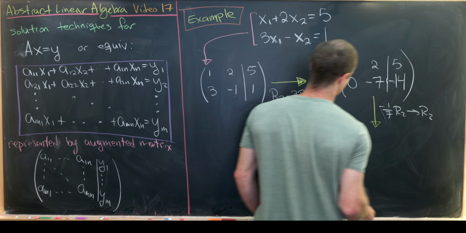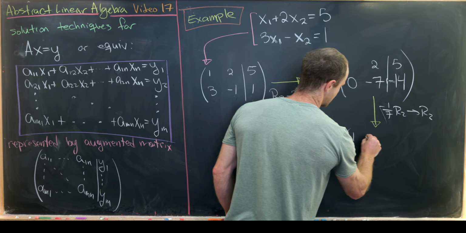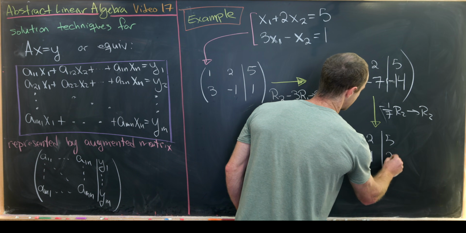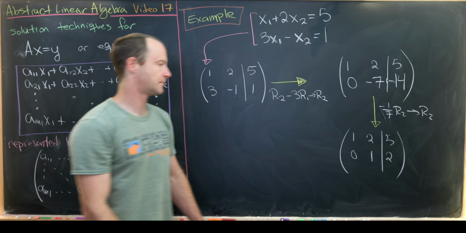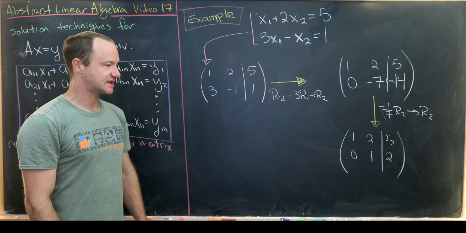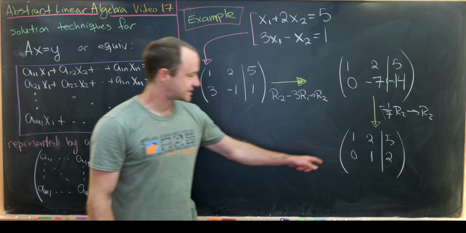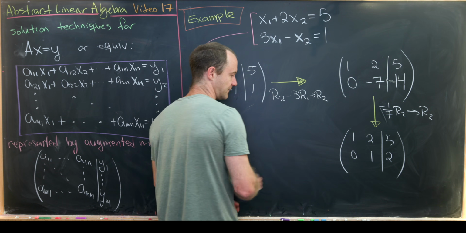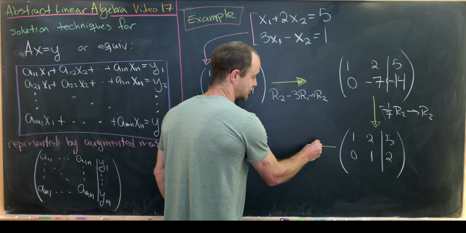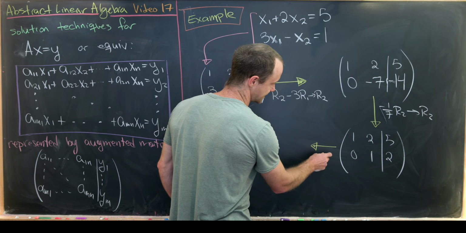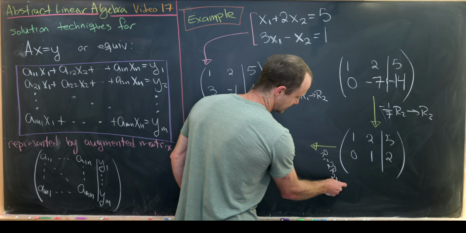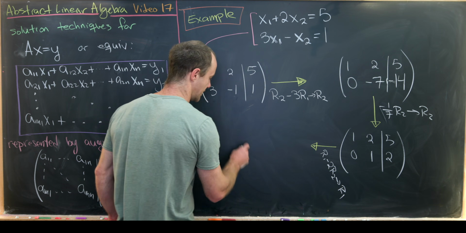So that's going to give us 1, 2, 5 in the first row, 0, 1, 2 in the second row. Now we can finish this thing off by subtracting 2 times row 2 from row 1, and that'll finish the shape of the matrix that we're going for. So let's write that down here. So we'll take row 1 and subtract 2 times row 2, and that's going to be our new row 1.